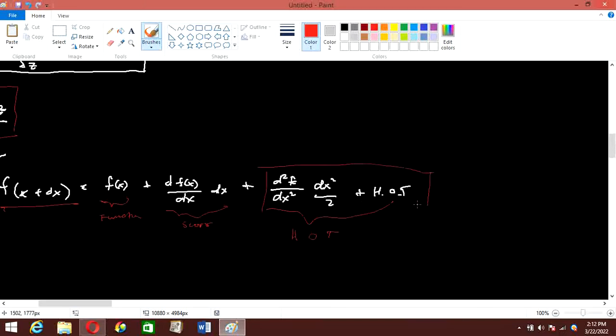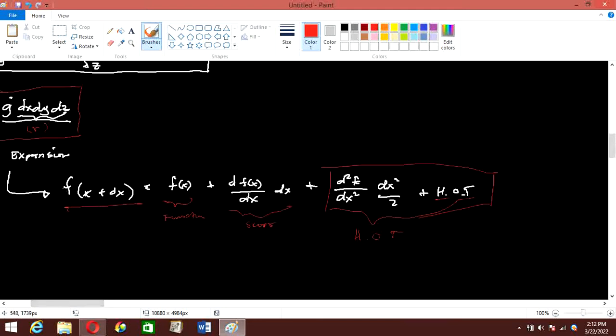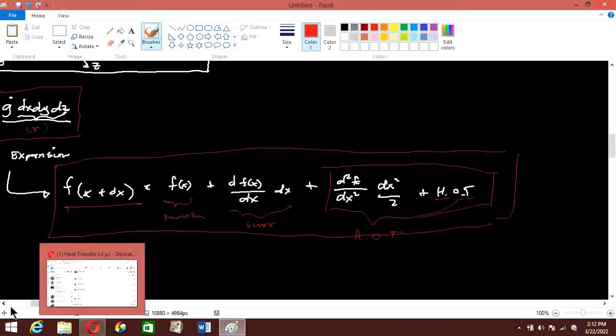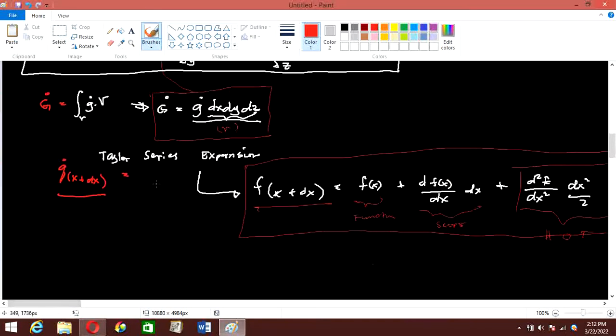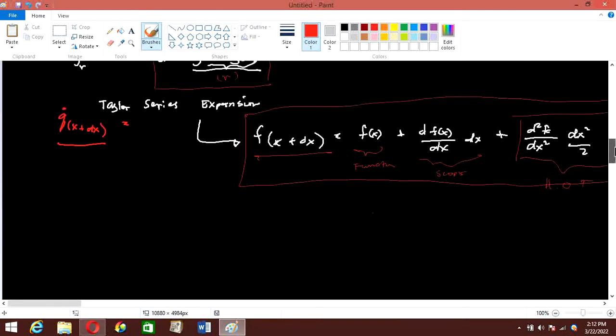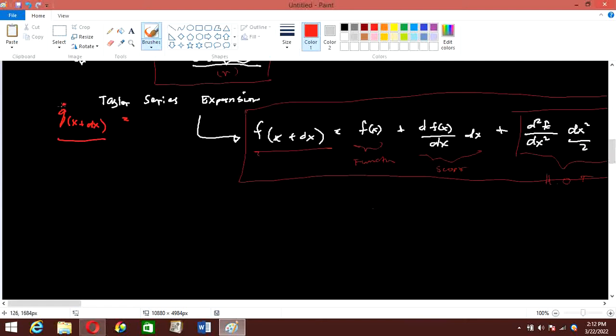So this whole part here are the higher order terms. So this is according to the Taylor series expansion. Using this method, we are going to find this expression.